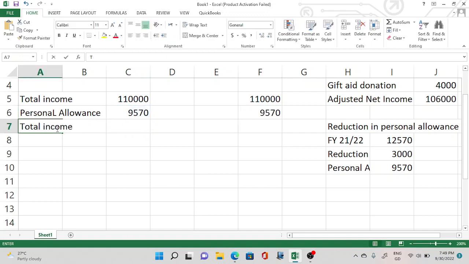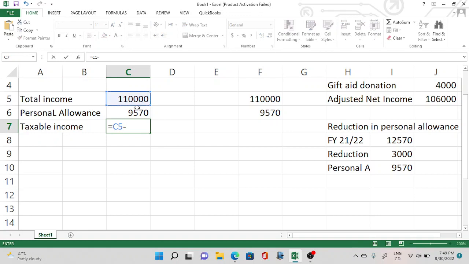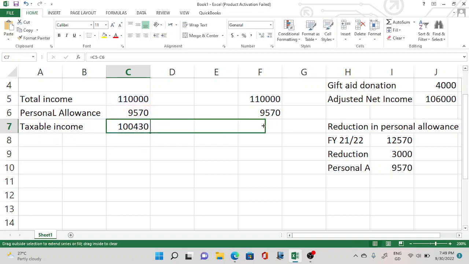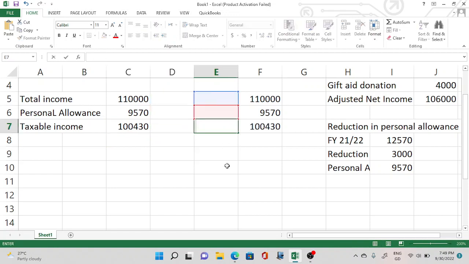So now you will have your taxable income, and the question stops here. You can drag it like this as well. Fine. Now moving towards question number 2.